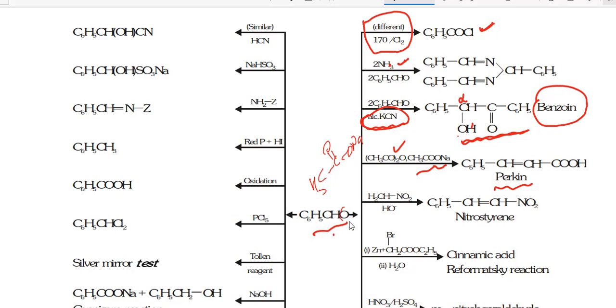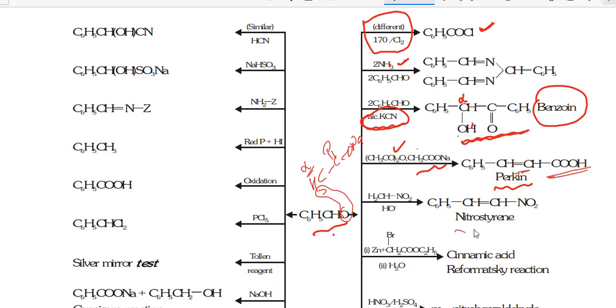Yes, remove this water molecule. Okay, so double bond CH COOH, carboxylic acid, Perkin reaction. The reactants are important here. The mechanism is almost the same. This H2O is always removed from alpha hydrogens only.